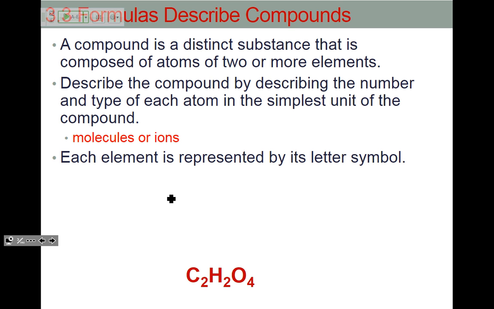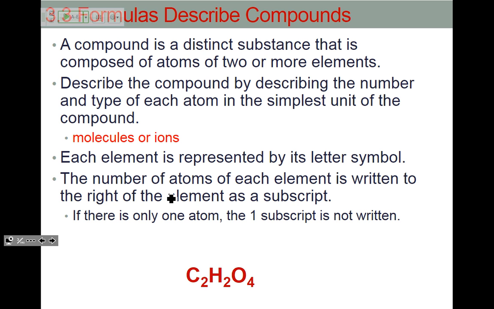And each element is represented by a letter symbol, but the number is not quite everything. Also note, just like always, and we'll see this throughout, we don't like to write ones in chemistry for some reason. So if there's only one atom, we won't show the one.